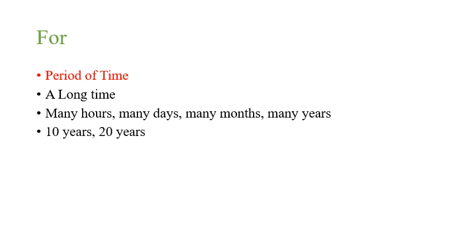For example, if in 2020 you are talking about 10 years, then it means that we should go back 10 years and start counting time from 2010. But if the same sentence is repeated in 2021, then the 10 years would shift to 2011. So we do not know when the 10 years started or 20 years started. So in this way, this is also period of time, and in these cases we will always use for.